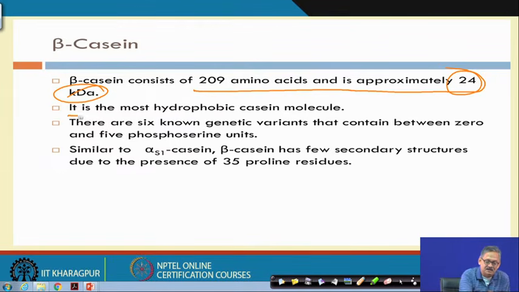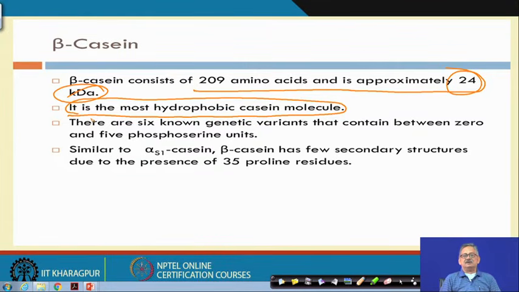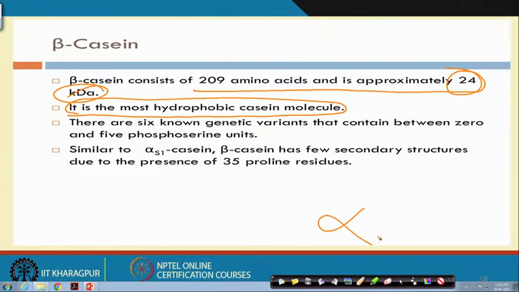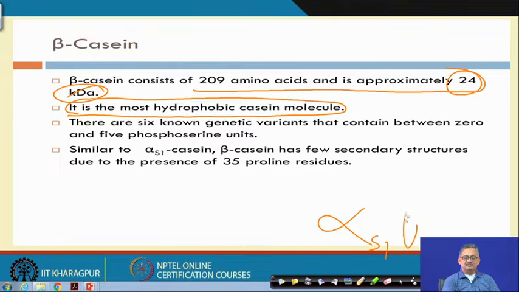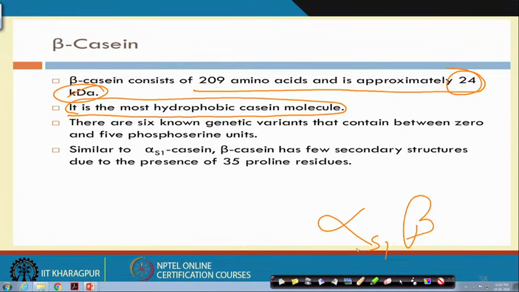It is the most hydrophobic casein molecule. The hydrophobicity, if you remember just some time back, we said is primarily due to alpha S1 and beta casein, right, and beta casein has the highest hydrophobicity amongst the casein varieties, right.